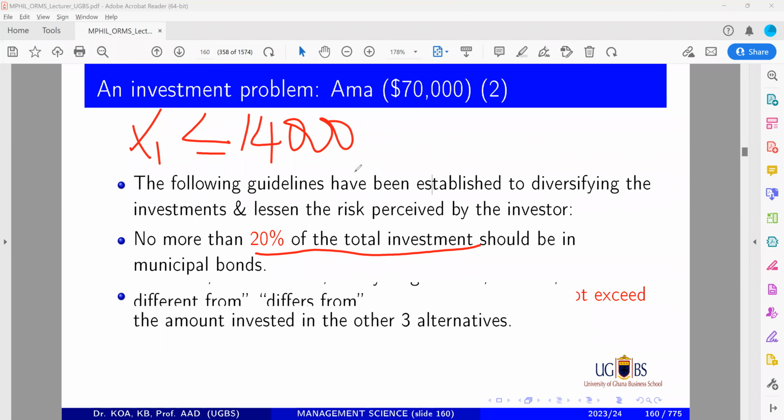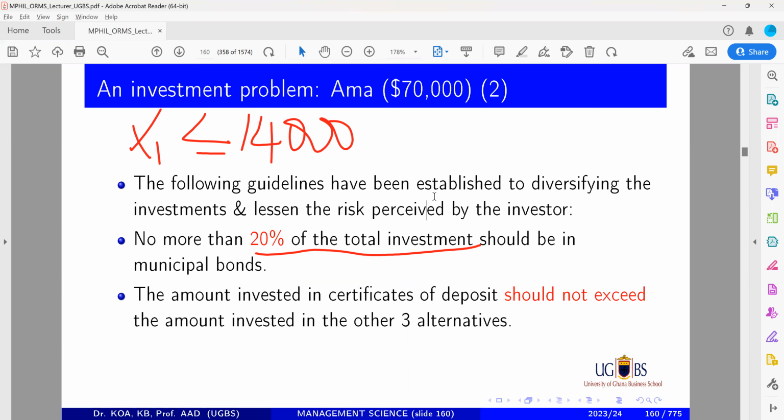Who's not clear? If you're not clear, let me know. Good. Let's go to the next one. Next one says, the amount invested in certificate of deposit should not exceed the amount invested in the other three alternatives.